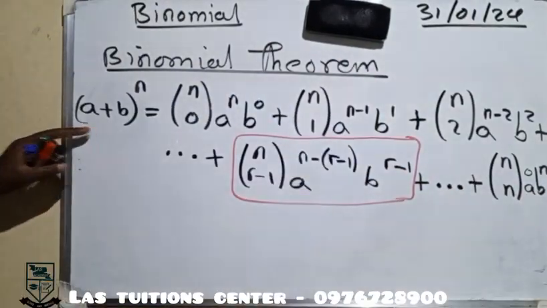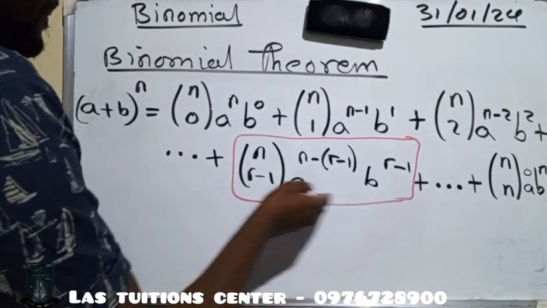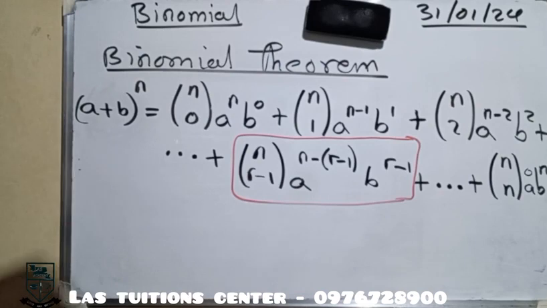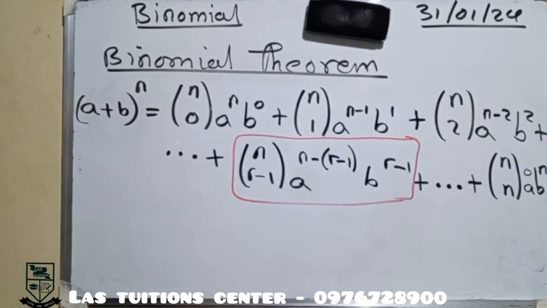You just need to pick this formula here. It will give you the exact term you are looking for in any given expansion, yet without you solving that expansion. You get that? Are we together on that one? Yes, I can hear that.